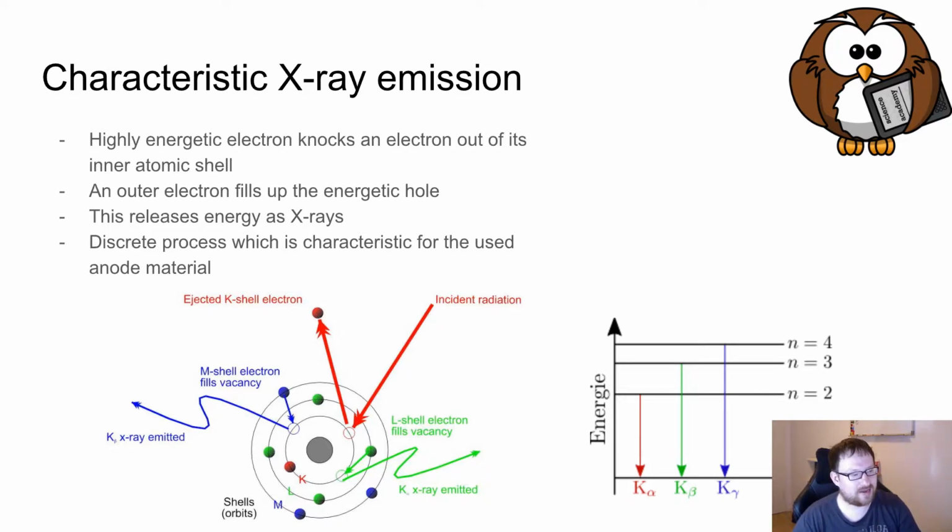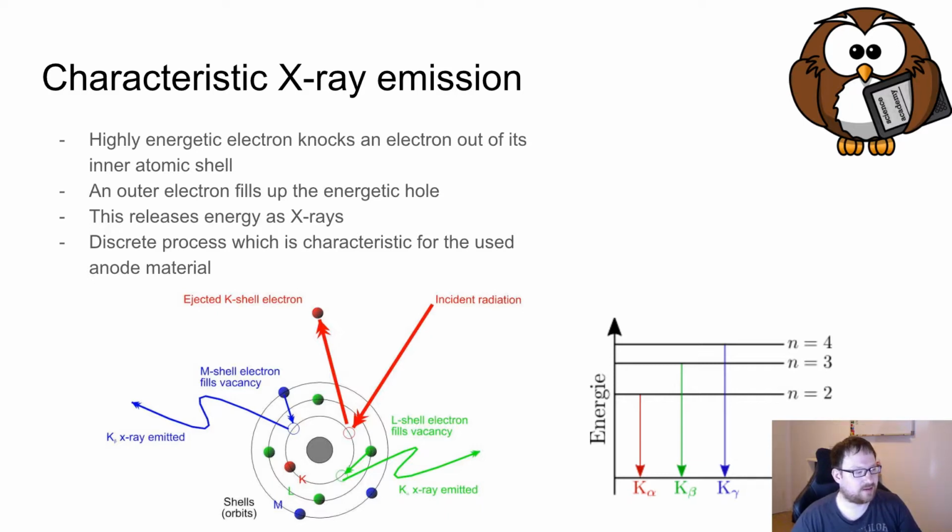So we have a high-energy electron, and we knock an electron out of the inner shell, called the K shell, of an atom of the anode material. This high-speed electron hits the anode, and we just kick an inner electron out. Of course, now there's a gap, an energy hole, right?